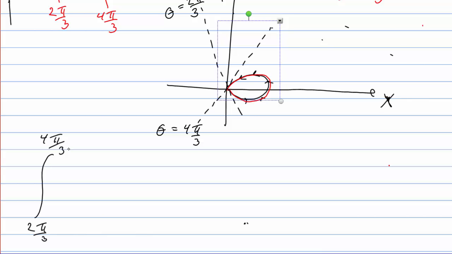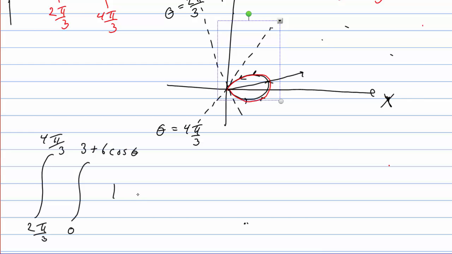Now, for an angle in that range, we just take a ray from the origin and see what happens. So the first region that it encounters, or the inner boundary, would be 0, and the outer boundary would be actually given by the limacon itself, which is 3 plus 6 cosine theta.